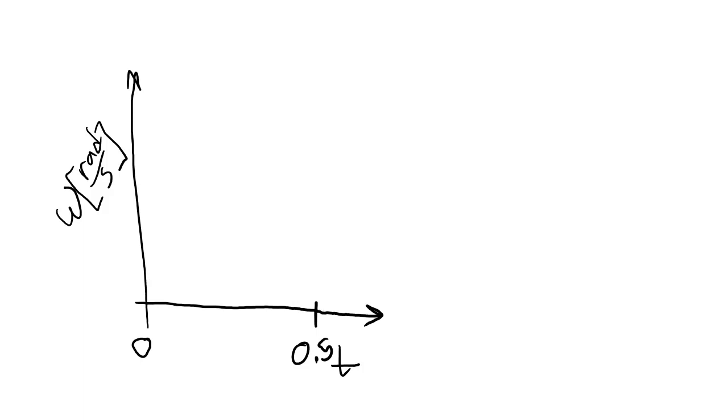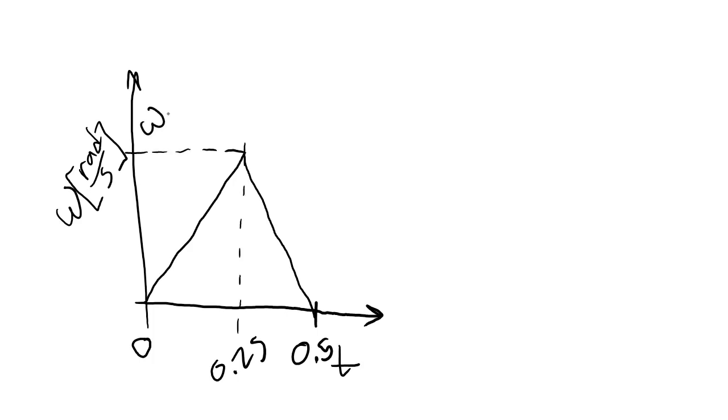But if I want to minimize the required acceleration in order to minimize the amount of torque that I need, the minimum acceleration move will consist of a constant slope up to a point and then a constant slope back down in such a way that halfway here is the peak velocity. This kind of a move will give me my minimum acceleration. Now I'll call this peak point omega max.